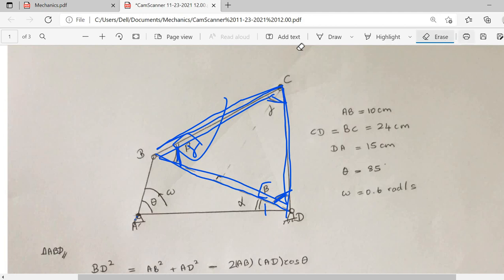As these two sides are equal, if I draw a perpendicular line, it would divide the line into two equal pieces. So I can directly write BC cos beta, as well as this is also BC cos beta. We can write it as 2 BC cos beta would be equal to BD. So I can directly write like that.